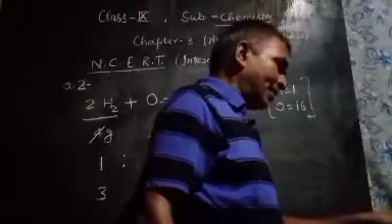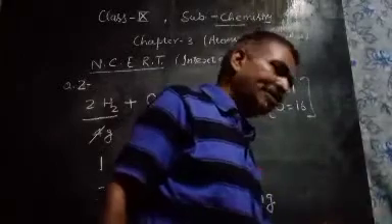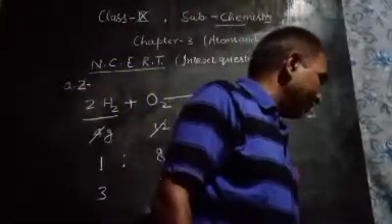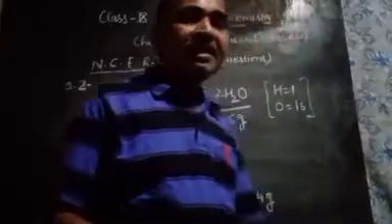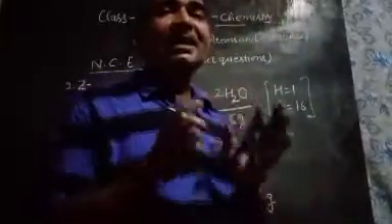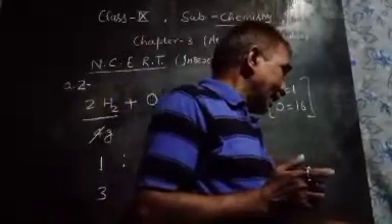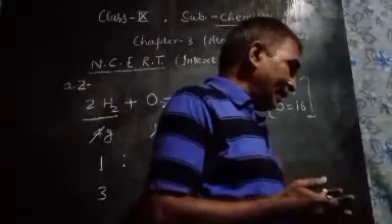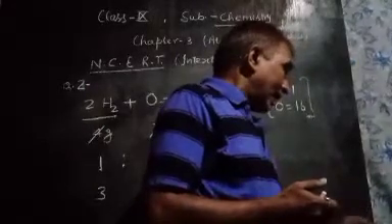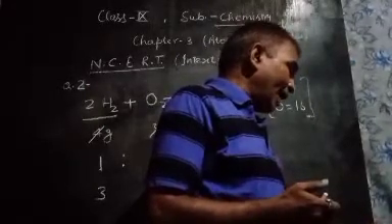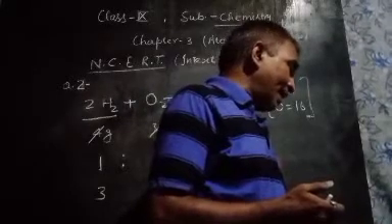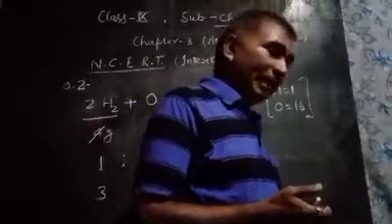How big are atoms? What is the size of an atom? Really, the size of an atom is very small. Atomic radius is measured in nanometers. The atomic radius of hydrogen is about 10 to the power minus 10 meter.